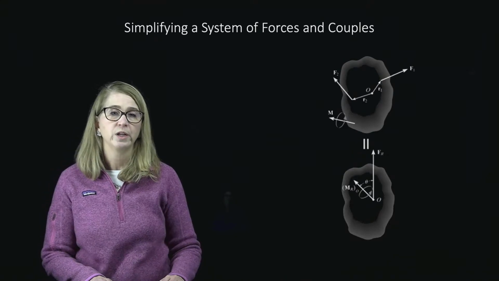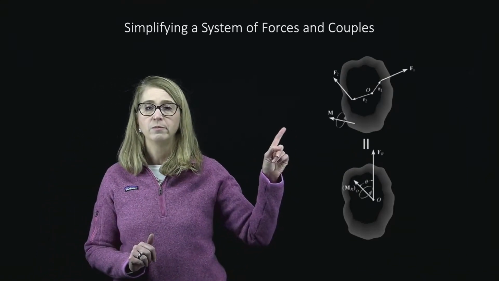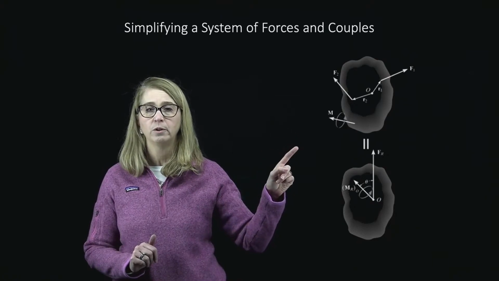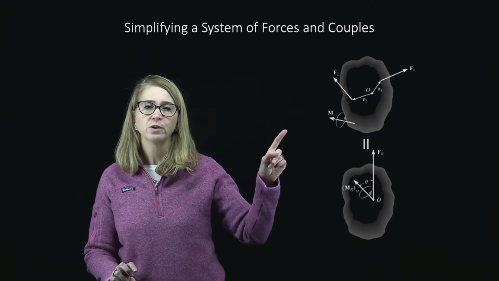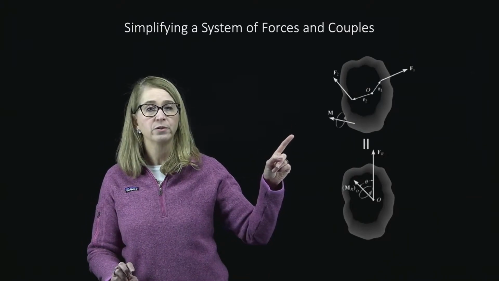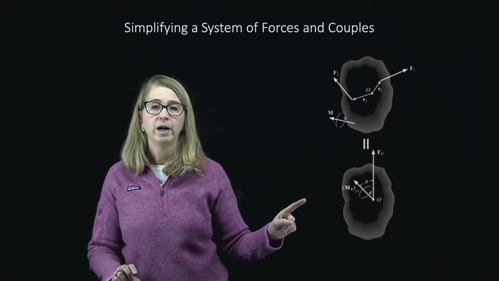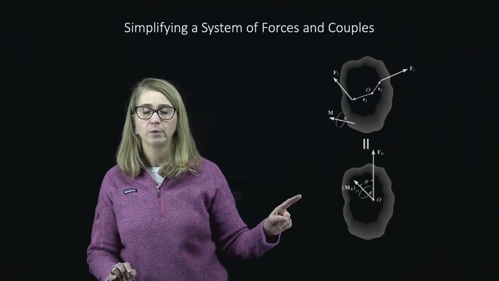So again, what you're seeing is that we're simplifying this with two forces and a couple, the two forces also producing moments, and we simplified it by two things, a resultant force and a couple.